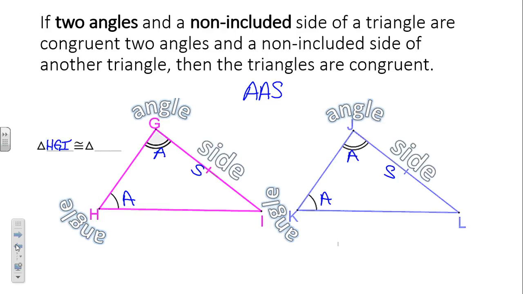HGI, if we started with H, we have to say what first? K, and then we went to G, so we have to go to J, so KJL. So it's not important that we go alphabetical, it's important that we make sure that we get them named properly, and if it helps you to start with angle marks, then do that. Okay? Questions on this one?